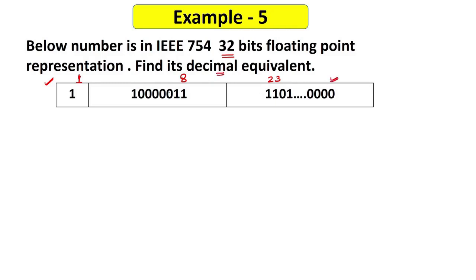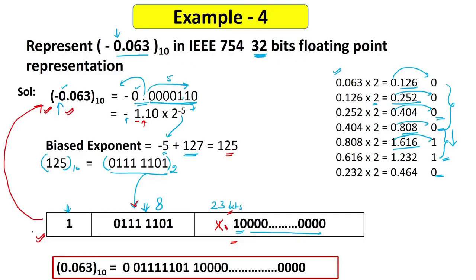And you know that if we are talking about the IEEE 754 representation, this pattern is representing a floating point number. So I have to find that floating point number in decimal form. Basically I have been given this pattern and I have to get this decimal number, so I have to do the reverse process.